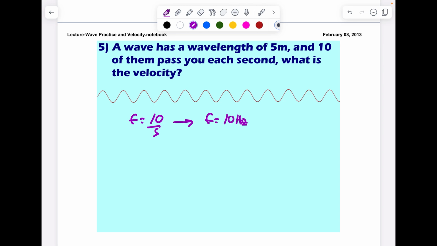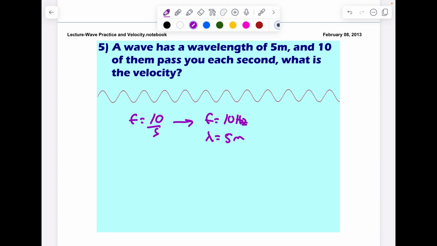So there are 10 waves going by per second. We also know that the wavelength, the length of each wave, is 5 meters. Each one is 5 meters, and we know 10 of them go by per second.